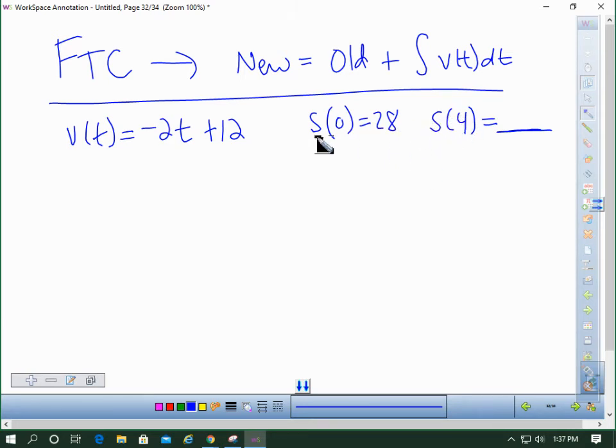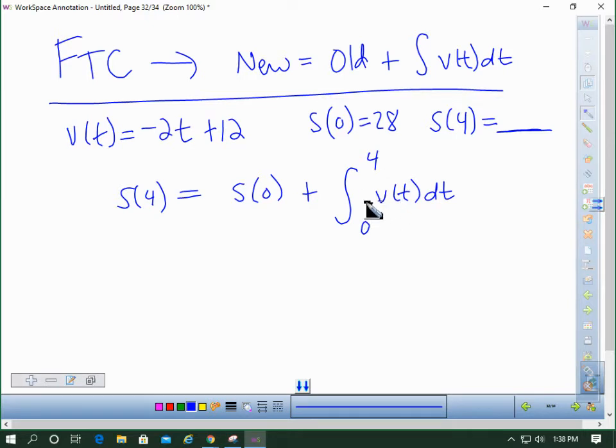All right, so the way to do this is you do your new value, which is S of 4. That's going to equal my old value, S of 0, where I was at time 0, plus the integral of the change that's happened in this interval. So from 0 to 4, if I integrate my velocity, I will have the change in my position over that interval of time.